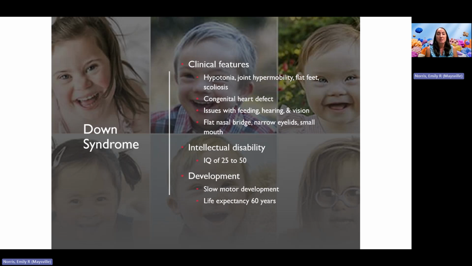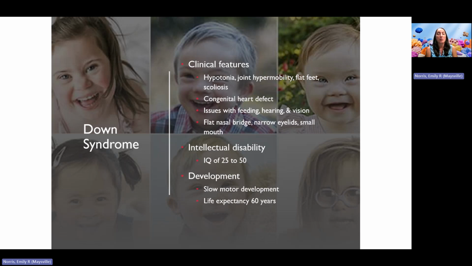They often have specific facial features that have been called mongoloid facial features that are common. So it's a flat nose bridge, narrow eyelids, small mouth, which is one of the reasons that they have feeding issues, especially latching on when they're young.